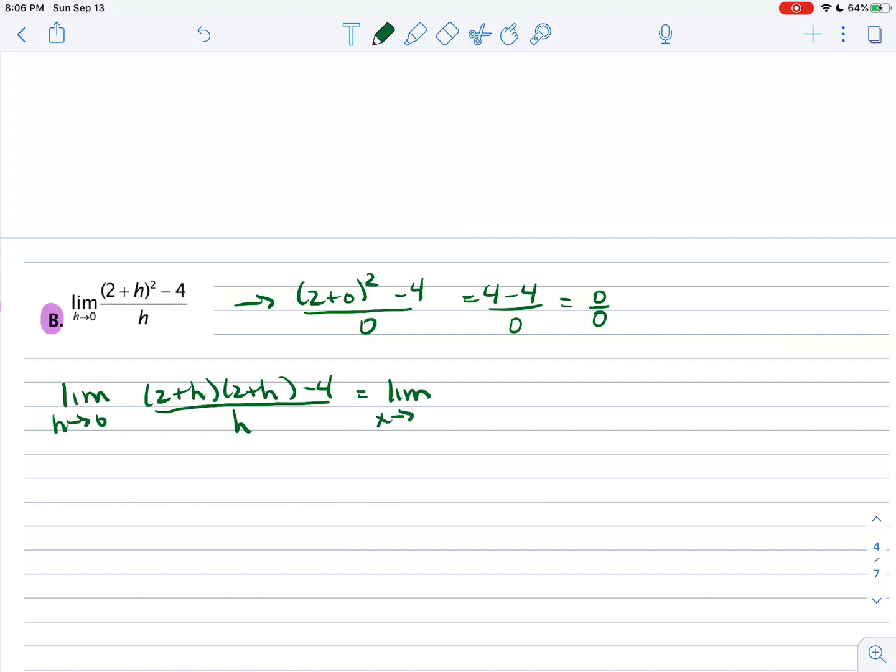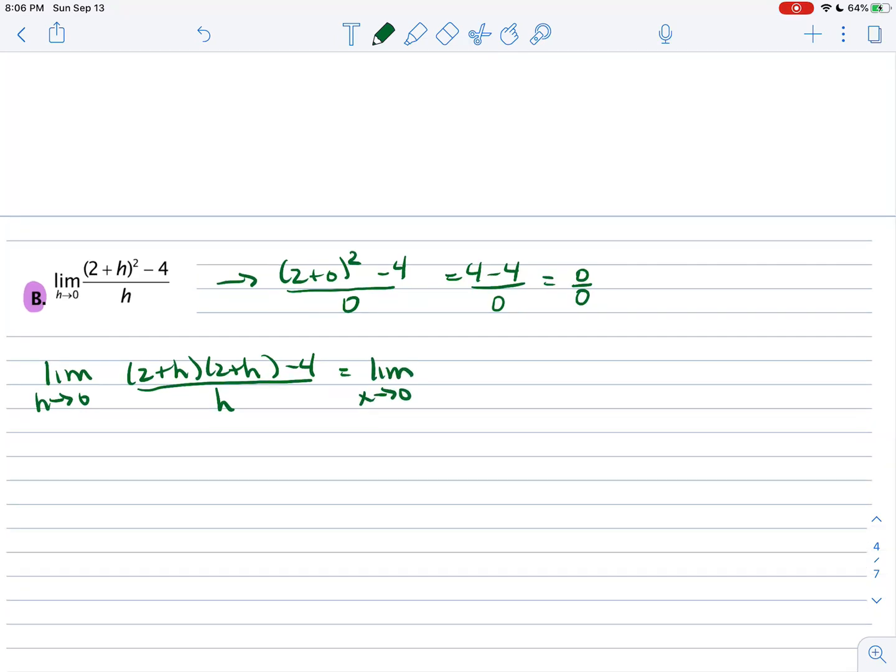This is going to equal the limit as h goes to 0 of, if I expand that polynomial, 4 plus 4h plus h squared minus 4 over h.